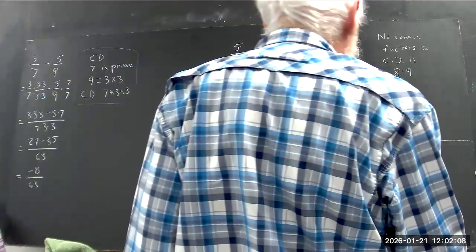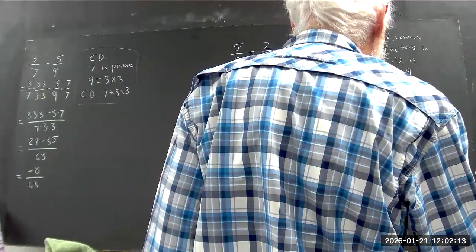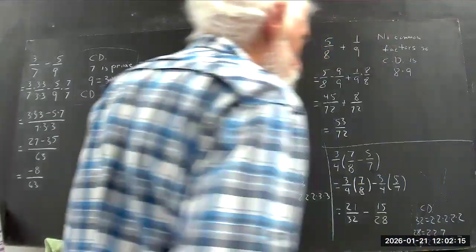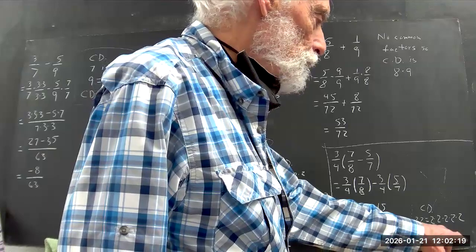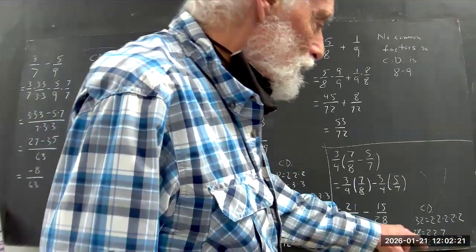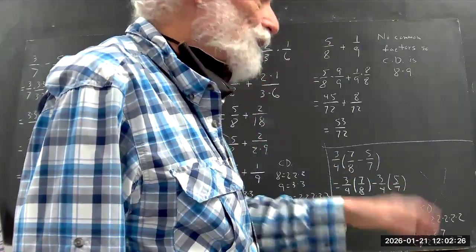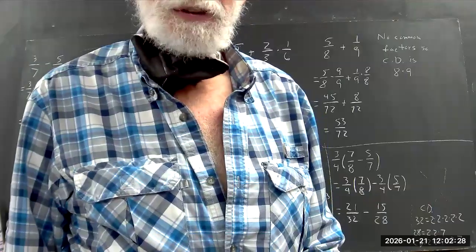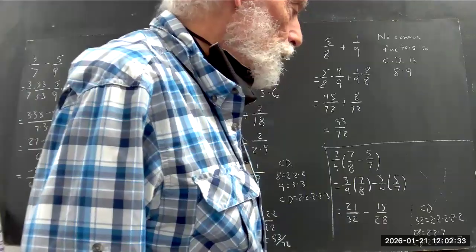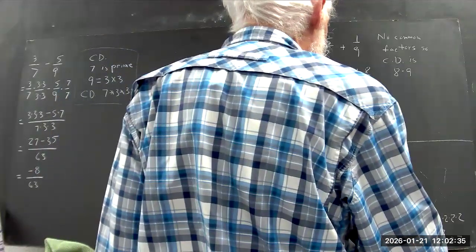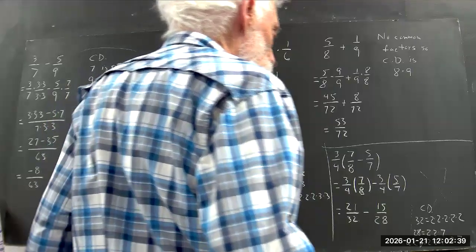So the common denominator is just 2 times 2 times 2 times 2 times 2 times 7. It has everything either denominator has, and it has no more than necessary. Okay? That's why we call it the least common denominator. I say common denominator; this one is the least common denominator. Okay.